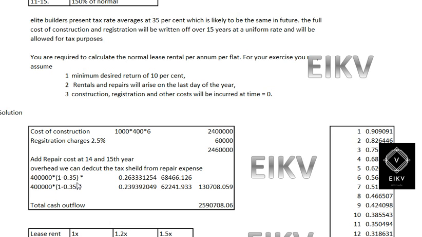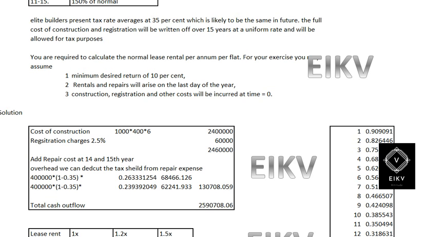Therefore 4 lakh into 1 minus tax rate into present value factor, and 4 lakhs into 1 minus tax rate into present value factor, and such amount will be 1,30,708. Therefore the total cost will be 25,90,708.06.